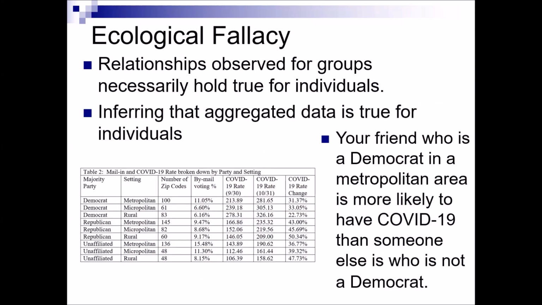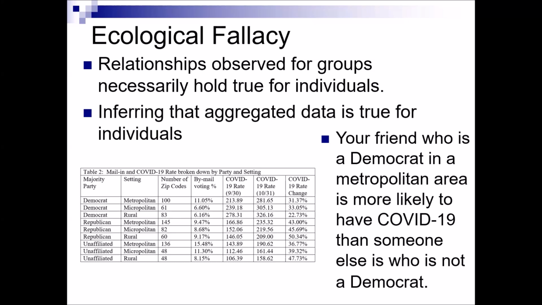Another thing we see is ecological fallacy. Relationships observed for groups don't necessarily hold true for individuals. A lot of times we see these assumptions, especially in this political climate, where we infer that aggregated data is true for individuals. This is the paper that Dr. McGinn and I wrote, where rural Democrats had a really low percentage of by-mail voting but really high COVID rates.